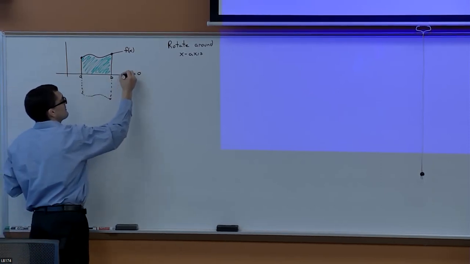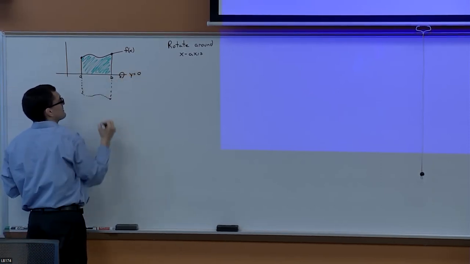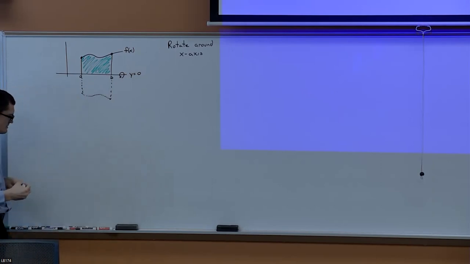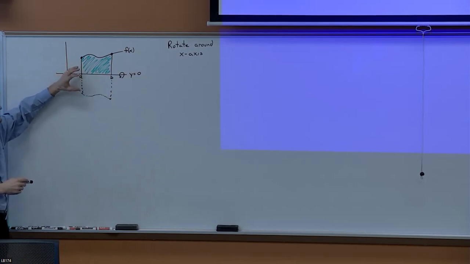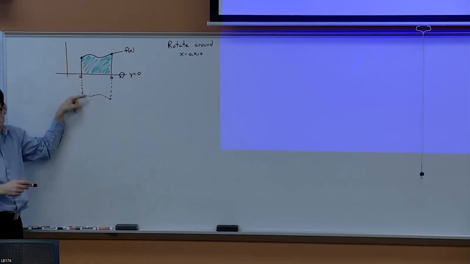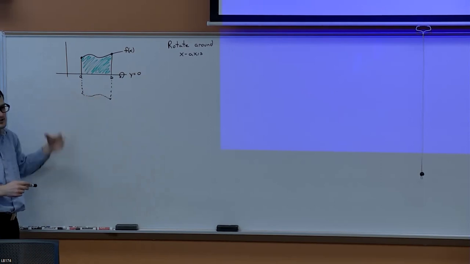So we get kind of, how do I say, almost like a cylinder, but we don't have a straight line at the end. Or like a filled in pipe of some sort.